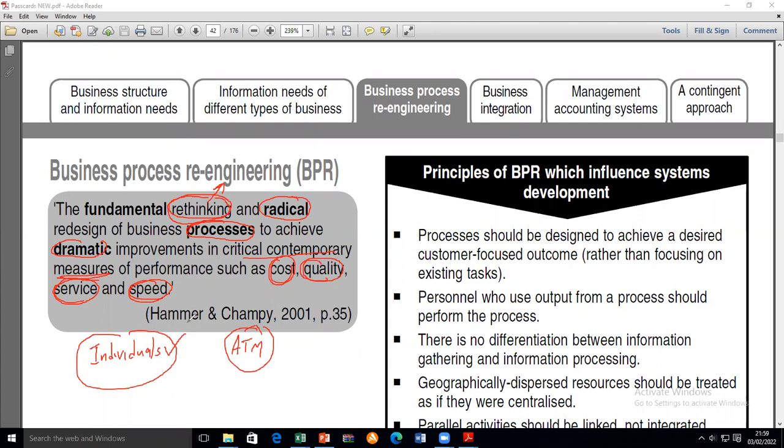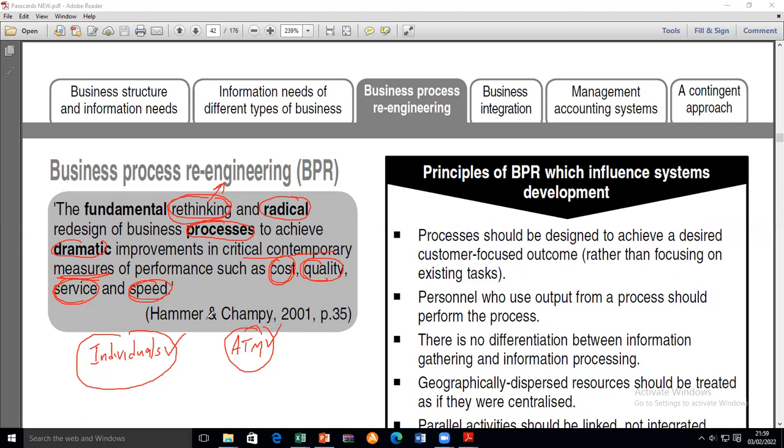But what happened to that process? You can see that there was fundamental rethinking and radical redesign of that process to achieve dramatic improvements in cost, quality, service, and speed. Do you agree that the ATM technology brought drastic improvements in these areas?